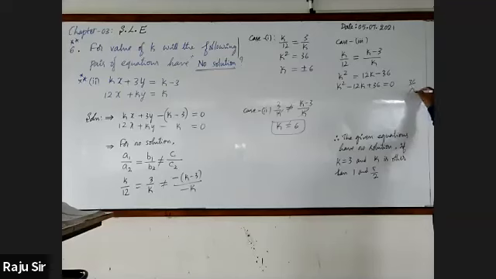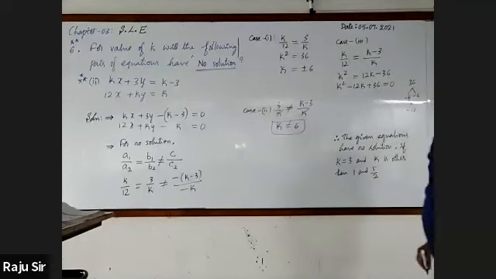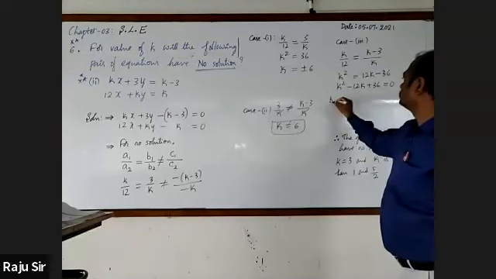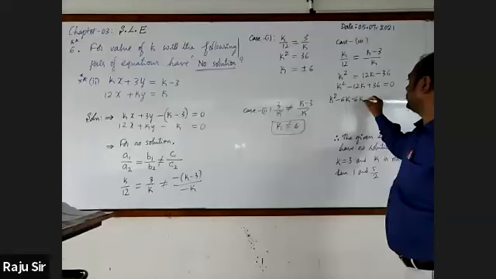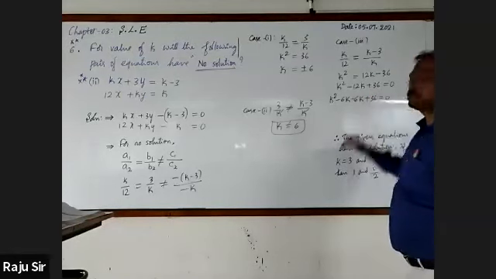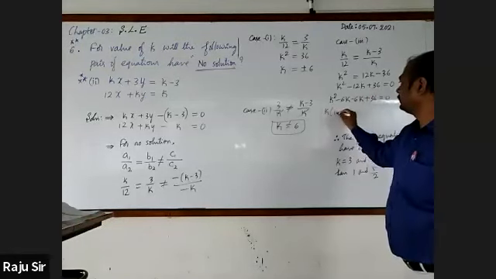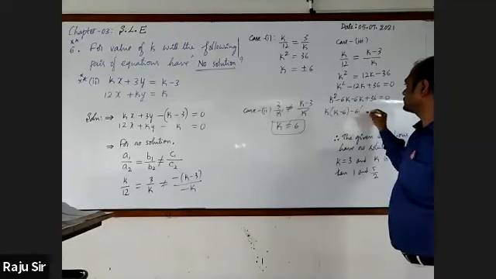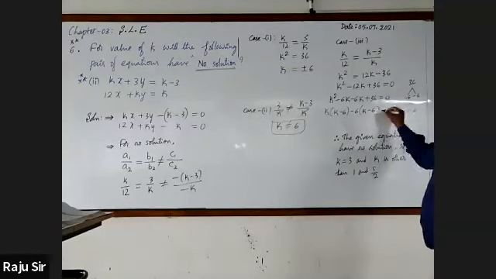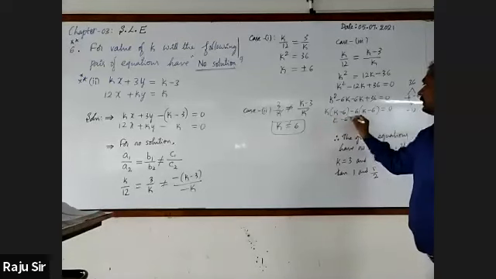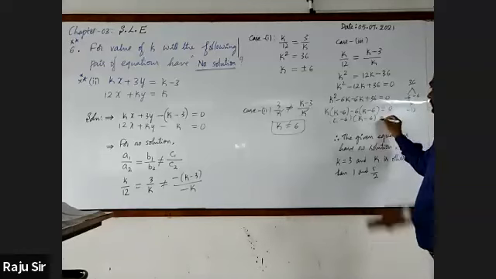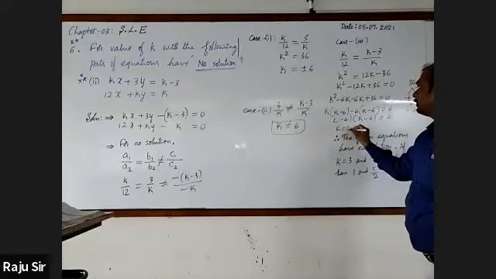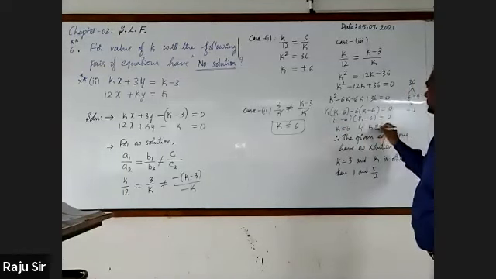The factors of 36 will be minus 6 and minus 6. k square minus 6k minus 6k plus 36 equal to 0. k into k minus 6, minus 6 into k minus 6 equal to 0. k minus 6 is common. k minus 6 equal to 0, k equal to 6.